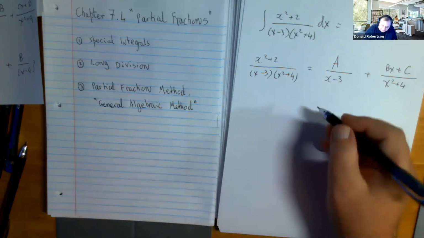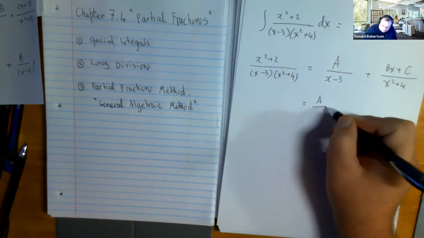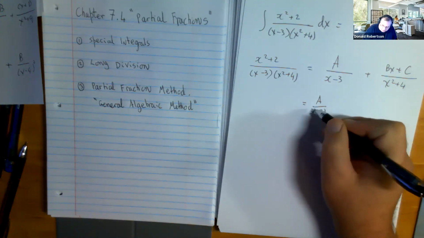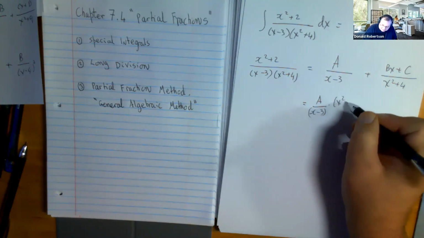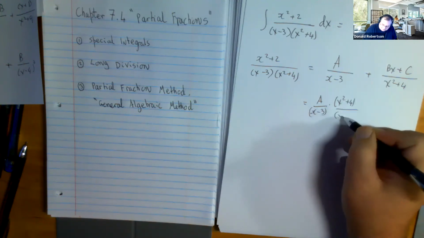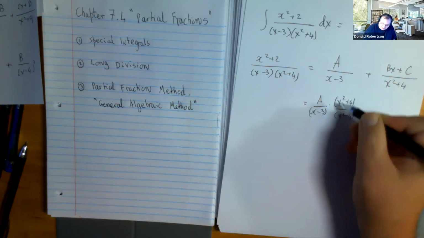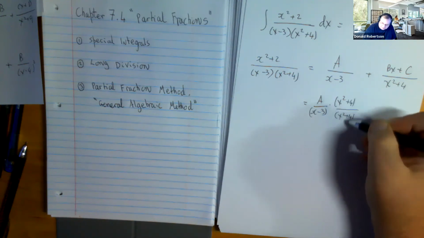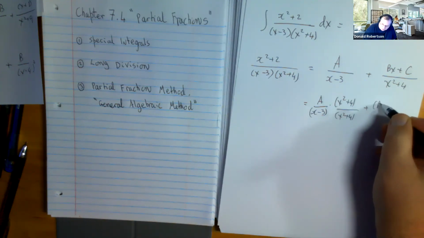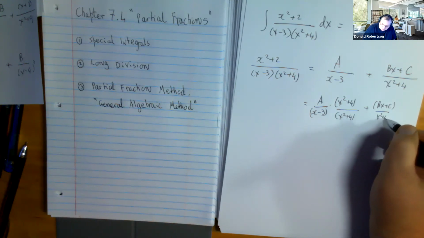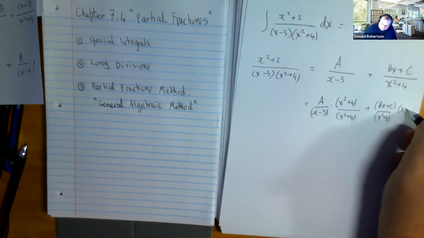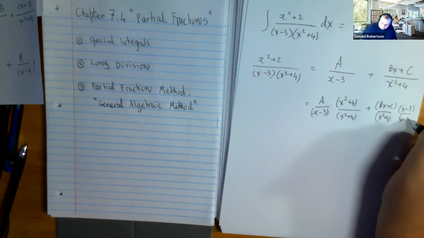Right. Now, in step 2, I'm going to have to put the fraction back together again. So that means this guy gets multiplied by this fella, and this second one gets multiplied by the x minus 3 fella, right?